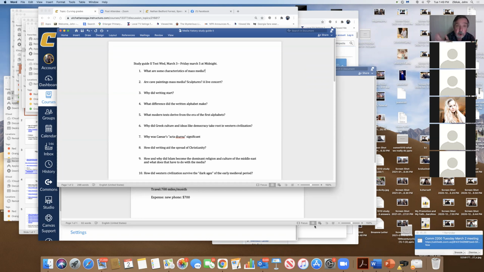This is why I didn't curve it last time. Until now, some people still miss the test because of COVID. I'm real flexible about that. So I waited until everybody took the test for me to set the curve up. So that's what happened. Now we have the next one, and here's the review.